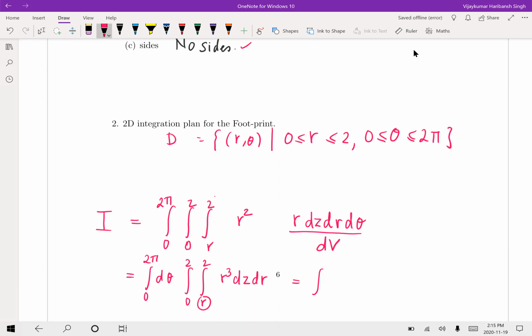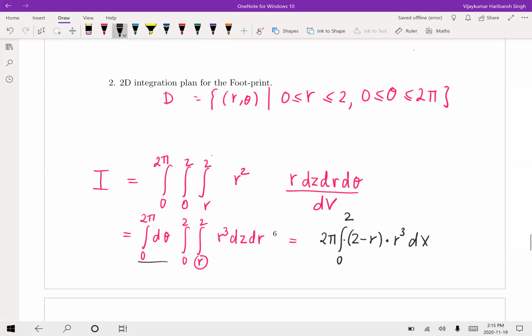The first integral will become 2 pi. So this is 2 pi times, now dz is going to be z, and when you put upper limit minus lower limit, it's going to be 2 minus r times r cubed, then dr from 0 to 2.